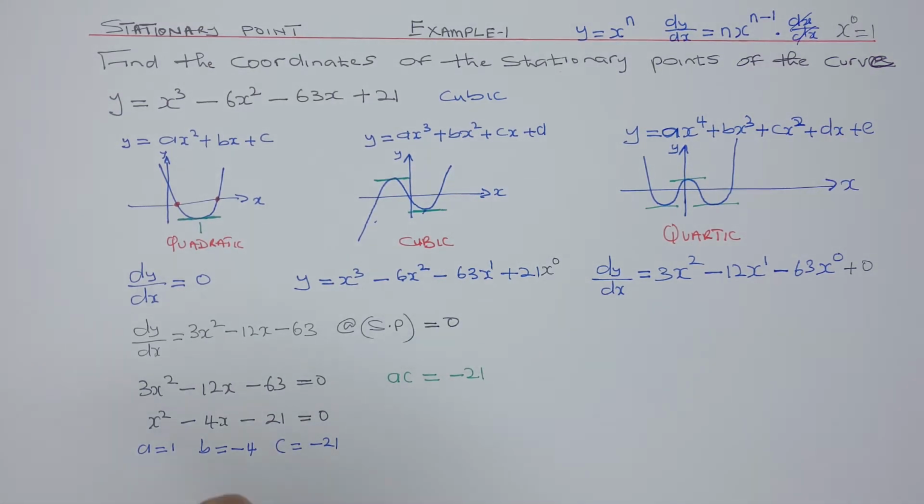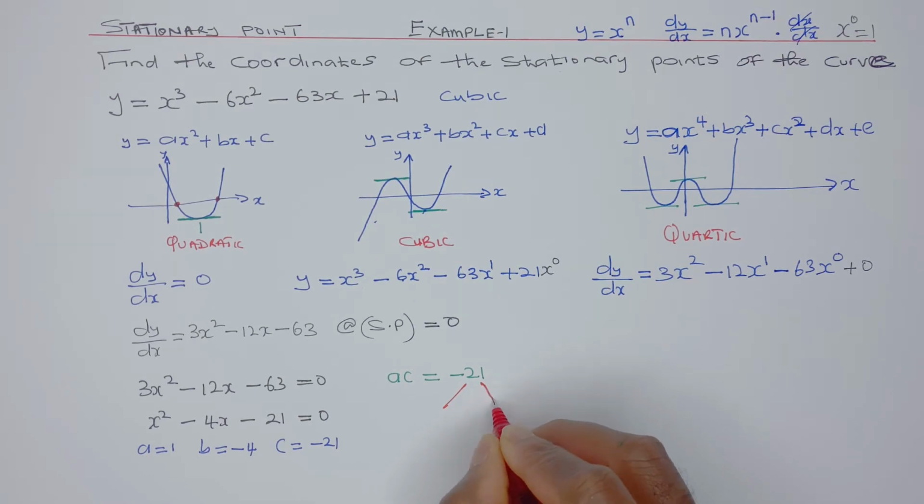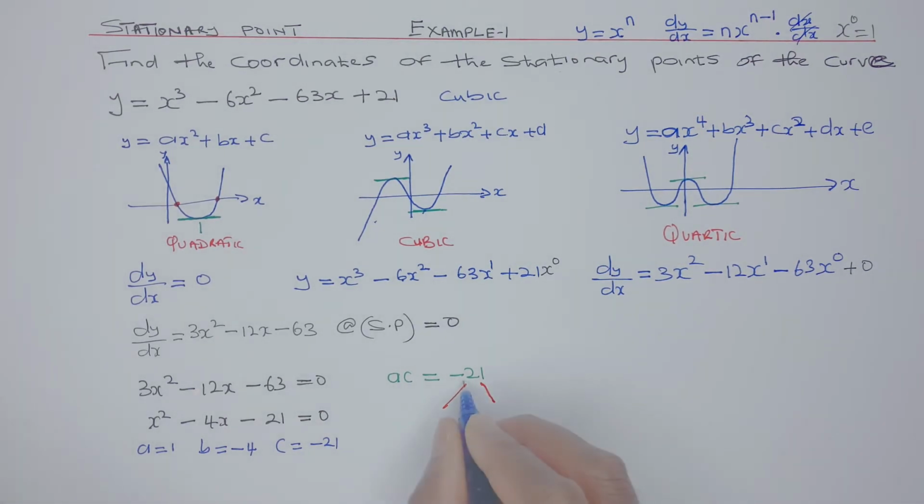I need two numbers that I could multiply together to give me minus 21, and when I add them together, I get minus 4. So the product of those two numbers will be minus 21, and their sum will be minus 4. In this case, 3 and minus 7 should give me minus 4.